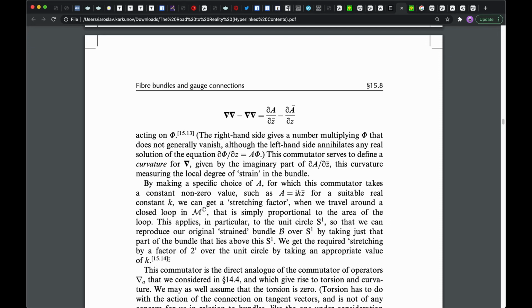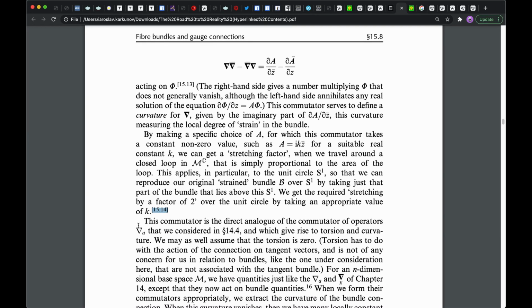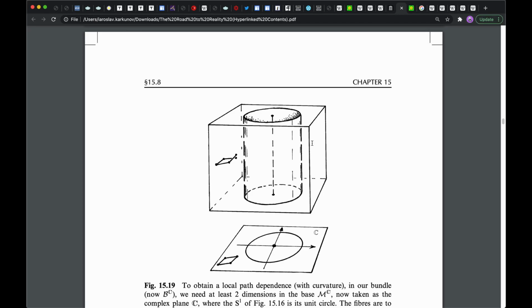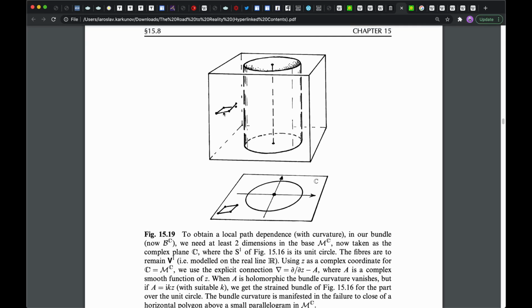So, you can Google for exercise 15.14 and take a look at how to deduce that k and what the function should be to obtain the factor of 2 here. Yeah, and we have a picture here depicting what curvature means in that case.